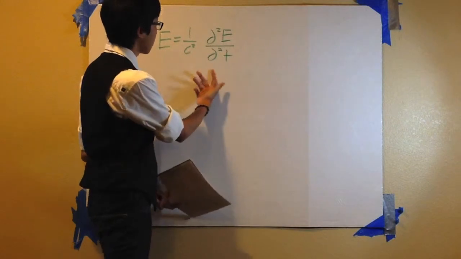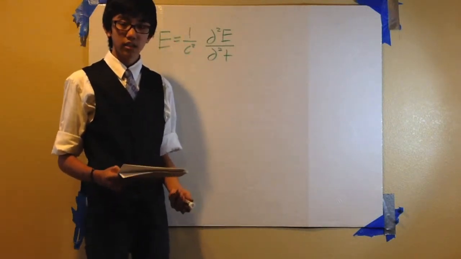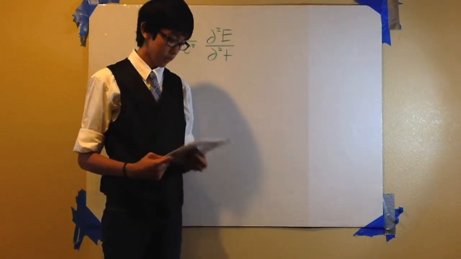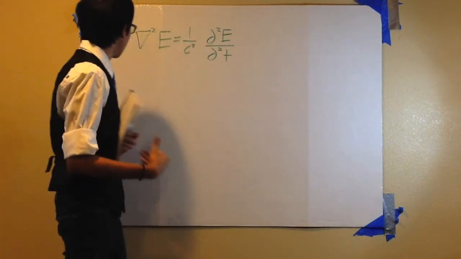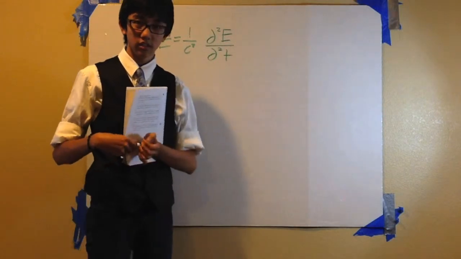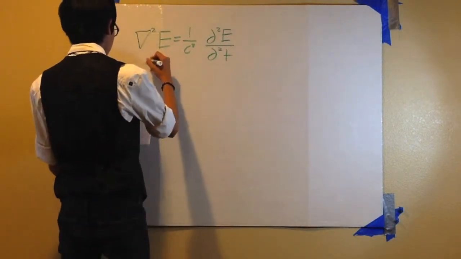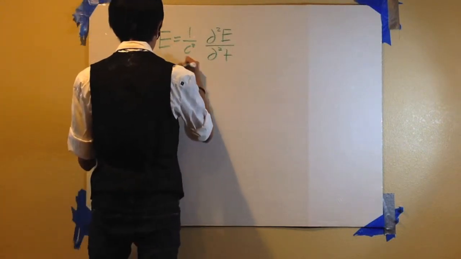Now, this backward 6 is a partial derivative, kind of like the d in dx or dy. Now, let's go a little bit deeper, shall we? We were talking about del. But what does del actually represent? Del, in its essence, is equal to this equation.